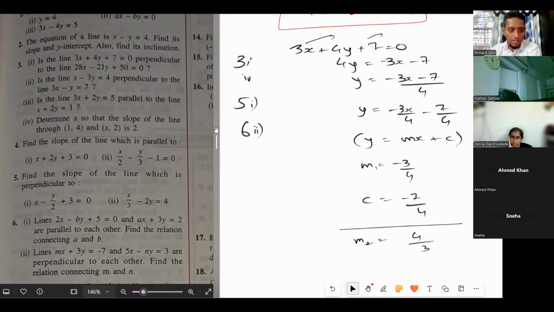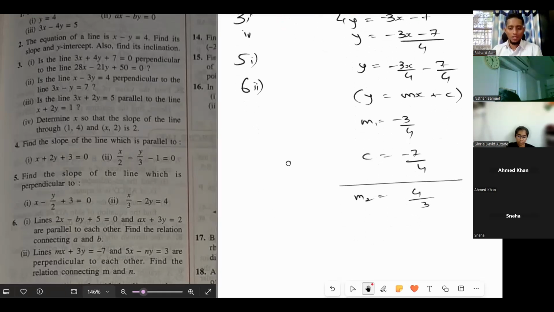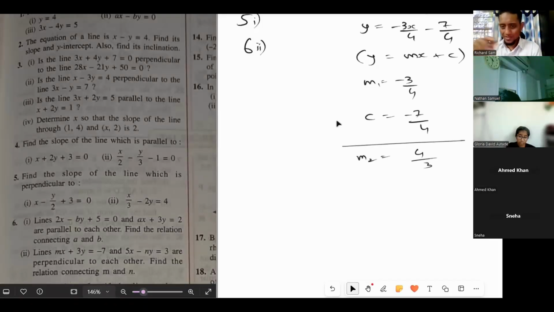Next, 5-1. Anyone did 5-1? Slope of the line perpendicular to this. First, you'll find the slope of this particular line. That is m1. And then find m2. How many of you got it? Is everyone clear how to do the fifth one? Anyone has a doubt?